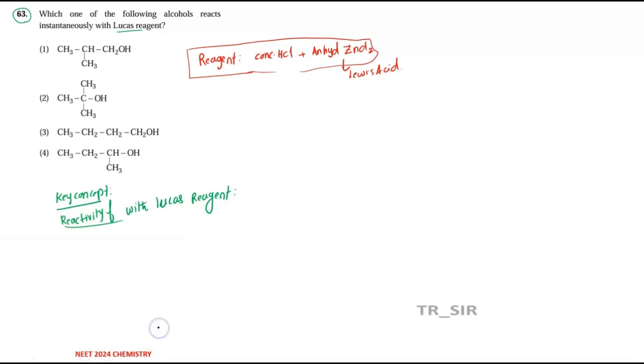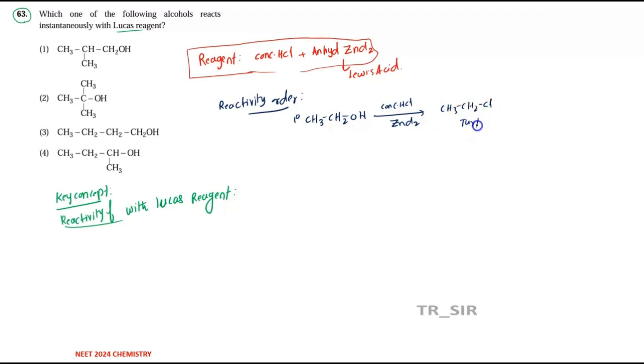First, the reactivity order. What will happen in this case? If you take a primary alcohol, let us take CH3CH2OH, and treat it with Lucas reagent, concentrated HCl and ZnCl2, you get CH3CH2Cl.